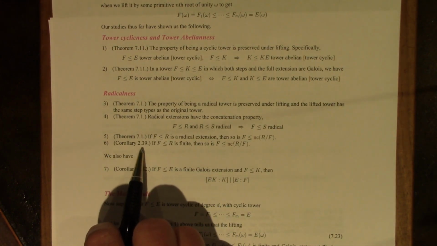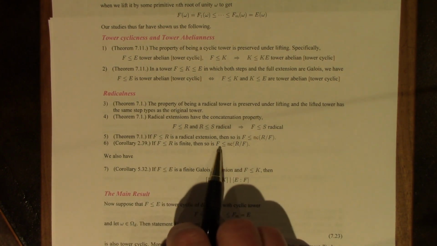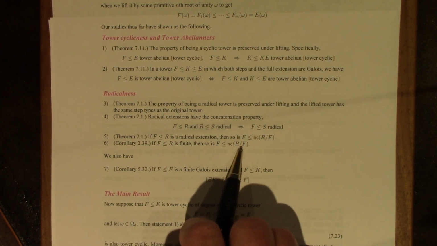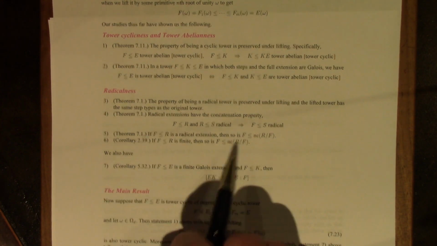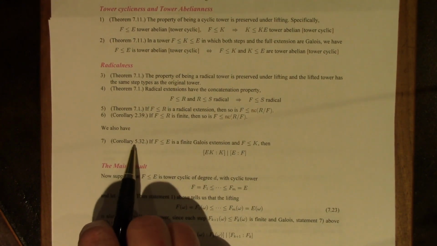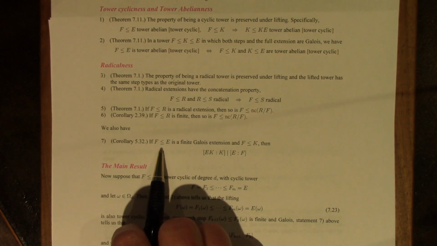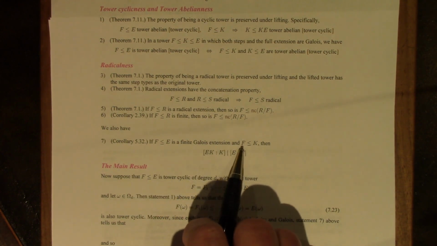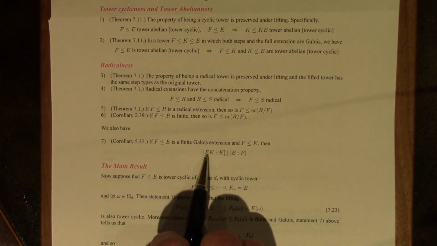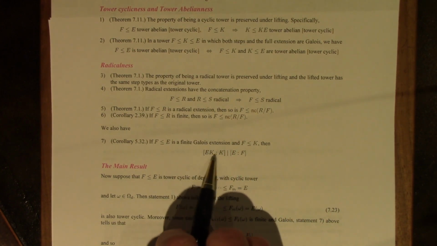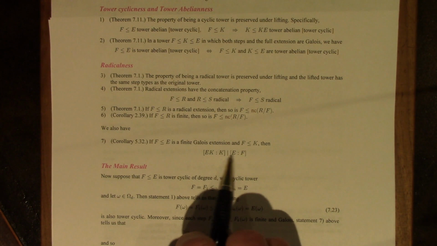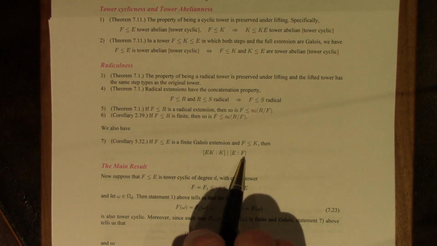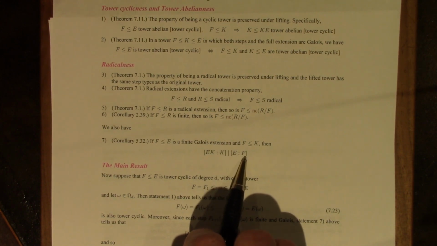From Corollary 2.39, way back in Chapter 2, if Fr is finite, so is this extension. Finally, Corollary 5.32: if Fe is a finite Galois extension and Fk is any extension, then the lifting has degree that divides the degree of the original extension.